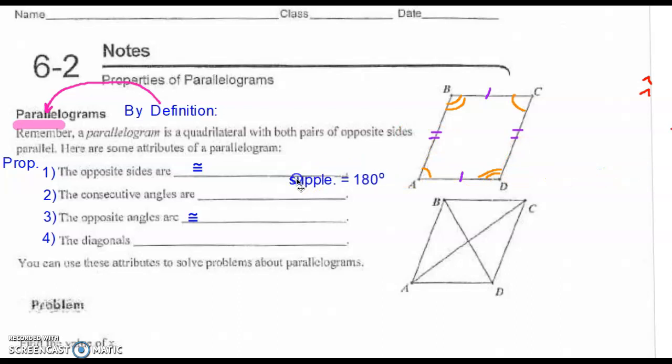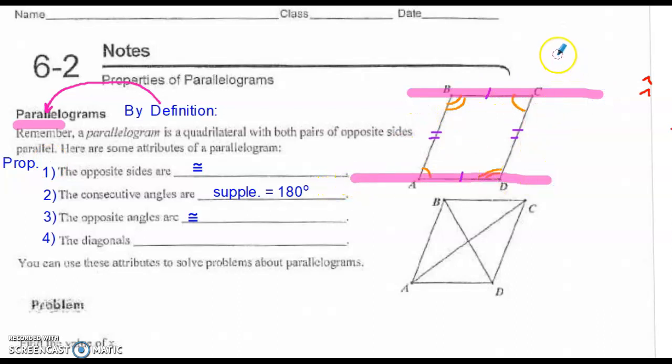We also have a property that says consecutive angles are supplementary. And that's because, let's say we had this parallel line and this one. Well, guess what? This angle and this angle are same side interiors, and we did that quite a few months ago. So that's where we get property 2 from.